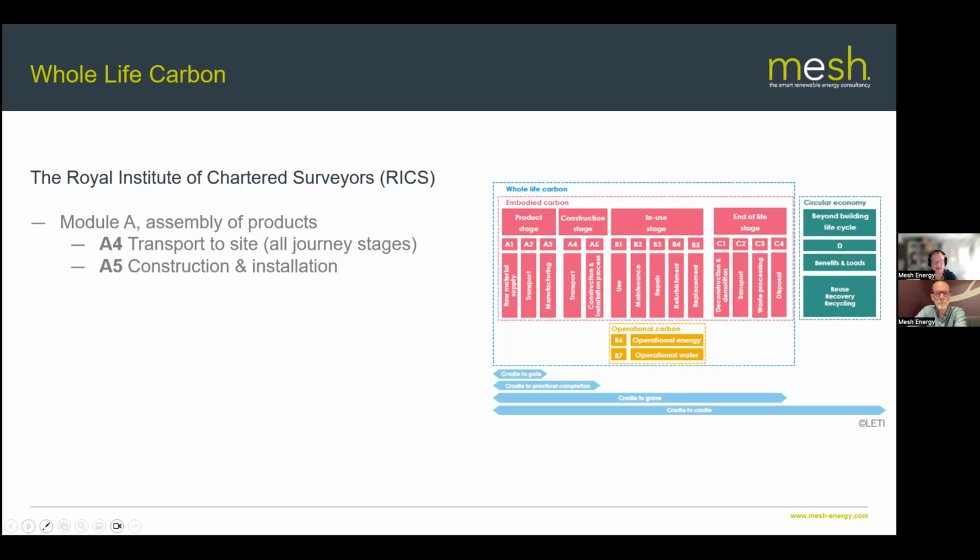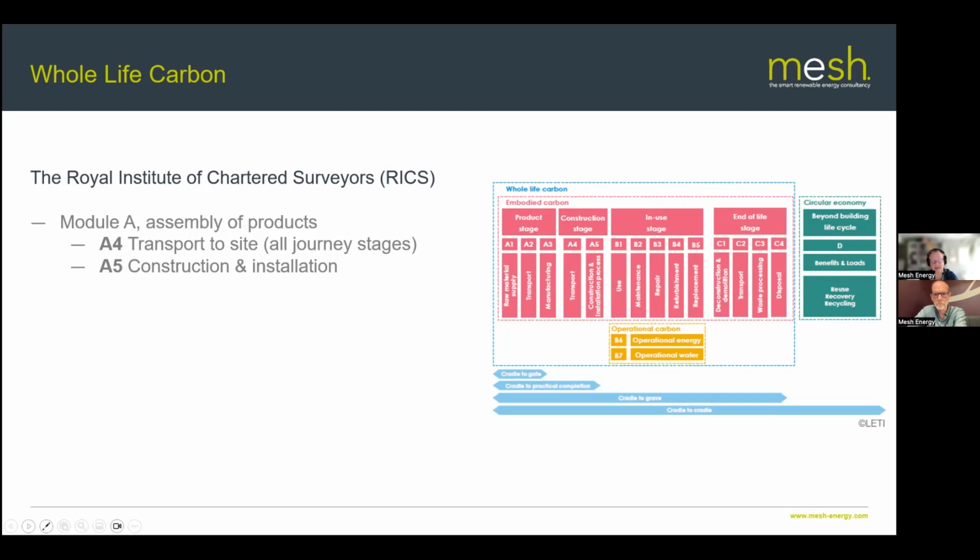So a product that's coming say 200 miles away is going to have a higher embodied carbon than sourcing materials within a 35-mile radius, for example. And then we have construction and installation as well. And this is a little bit of a grey area.